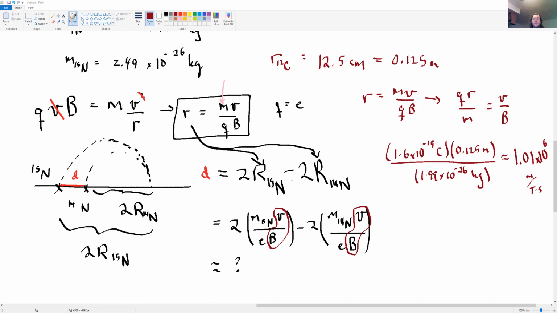But now that we know what V over B is, we can go about simply plugging in the information that we know for this next part, right? So let me ditch the question mark here and start plugging in what we know. The mass of those nitrogen 15 isotopes is 2.49 times 10 to the minus 26 kilograms.